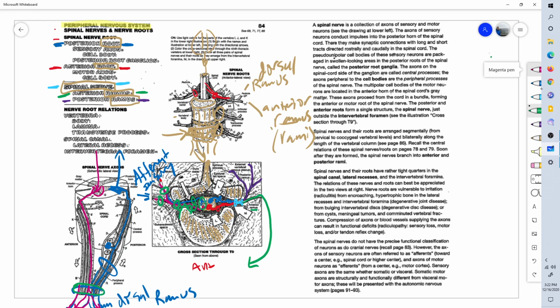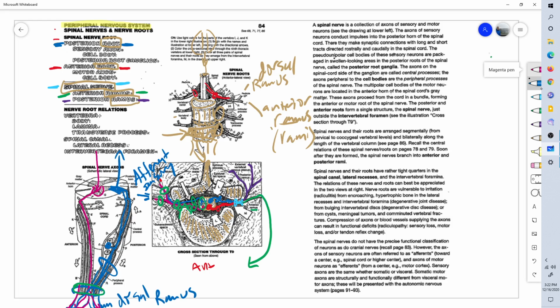Now, the dorsal root contains only sensory. The anterior root contains only motor neurons. But as we go down, there can be sensory signals coming from the front of the body that will cross over in the spinal nerve and go to the posterior horn.